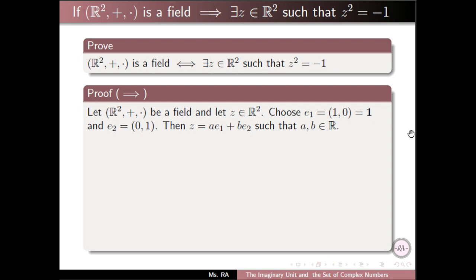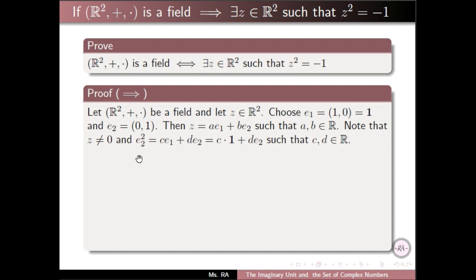Now, note that z cannot be equal to 0. Remember, we are doing the construction here, so if we choose z to be equal to 0, then since this is a field, z times z is the same as 0 times 0, which is equal to 0, which is not what we want. So suppose that z is not equal to 0.